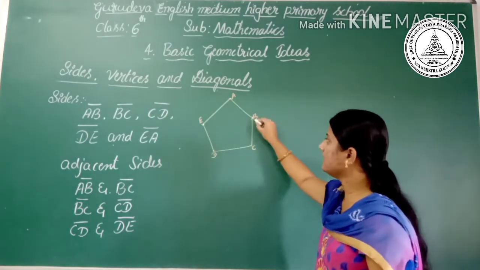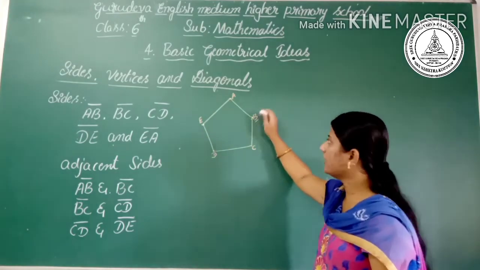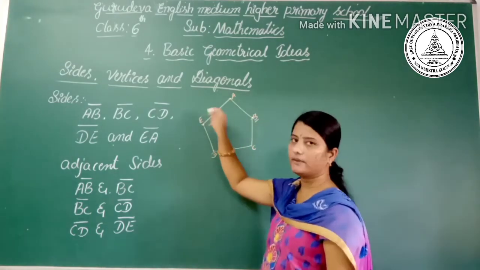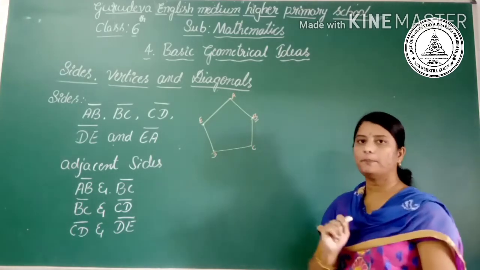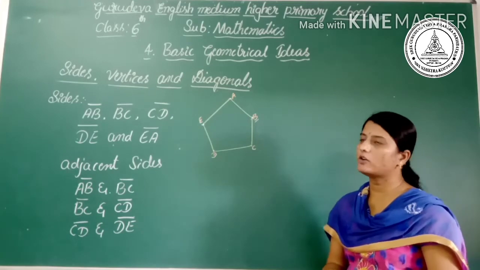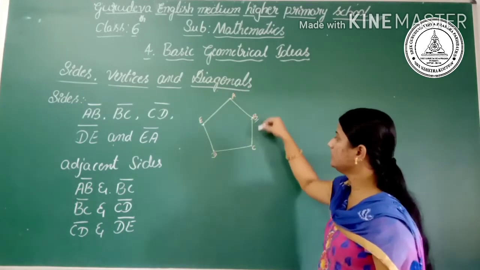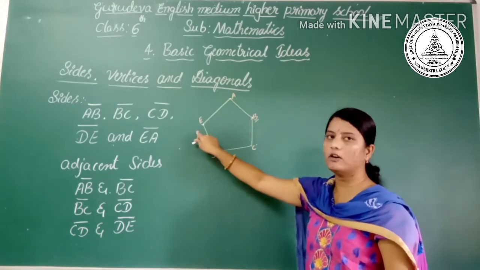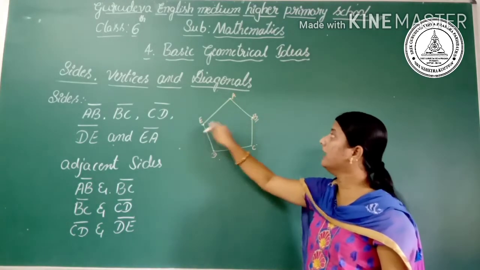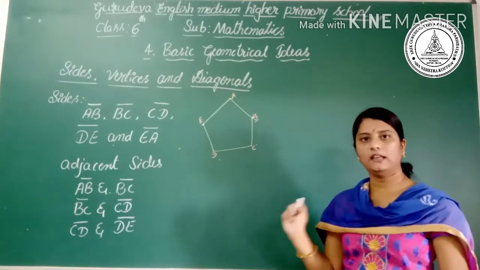How many vertices are there in the given polygon? 1, 2, 3, 4, 5. So A, B, C, D, E are the vertices of the polygon ABCDE.